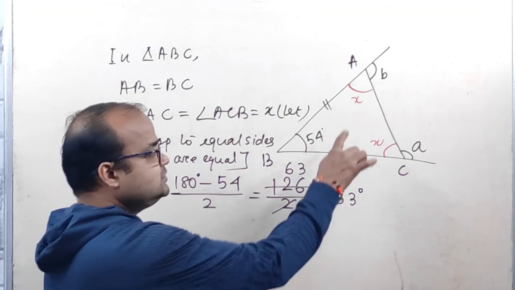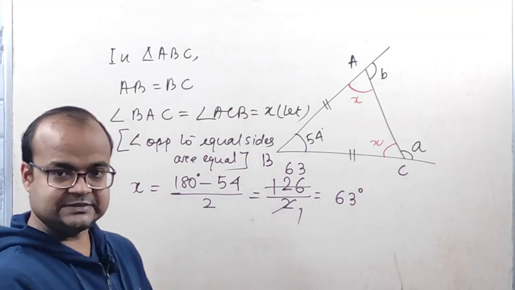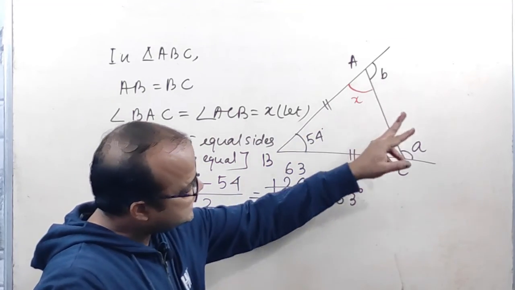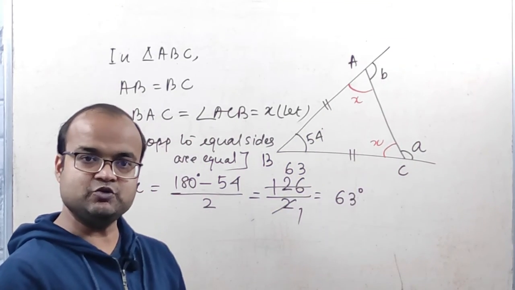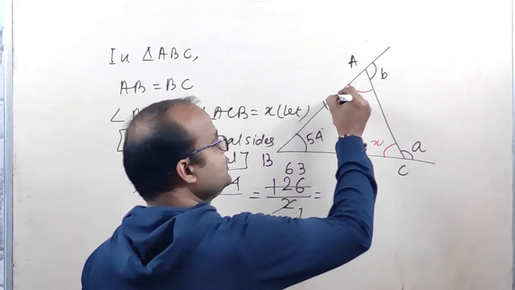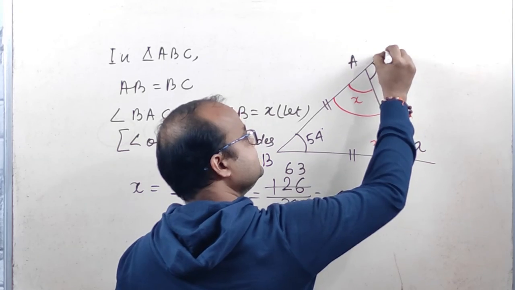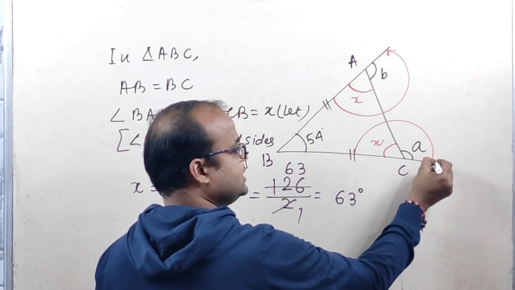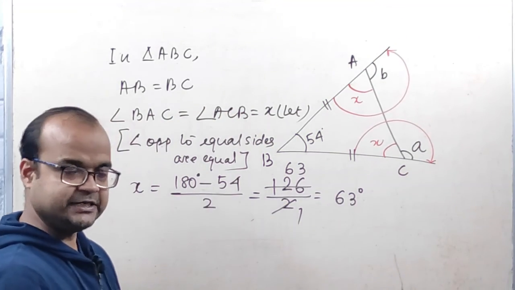Now if these two angles are the same, that means A and B are also going to be equal, because X plus B equals 180 degrees and X plus A is also going to be 180 degrees.